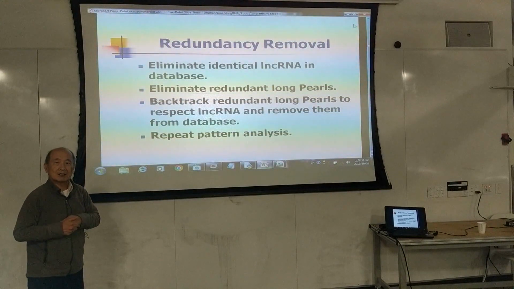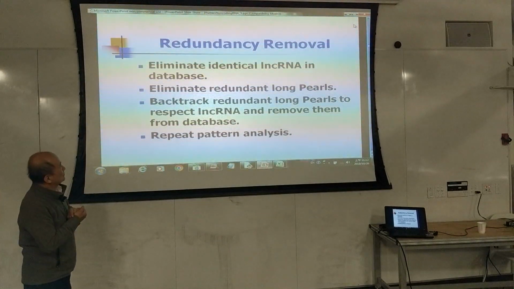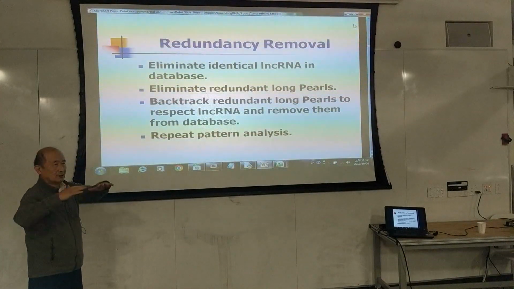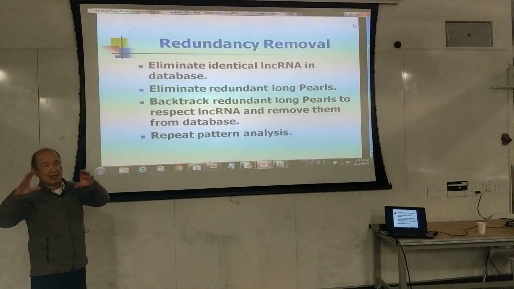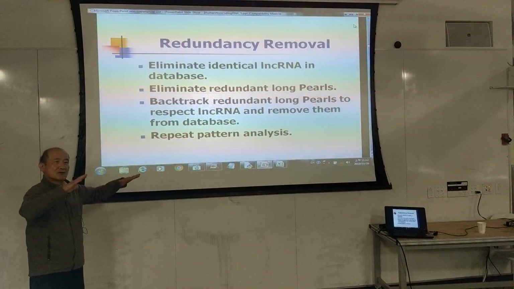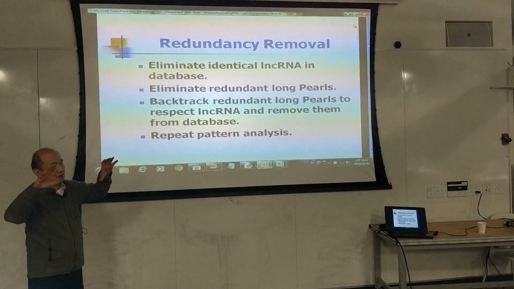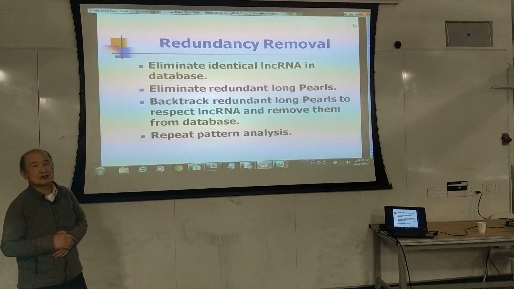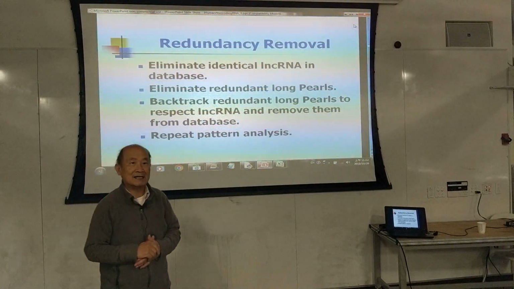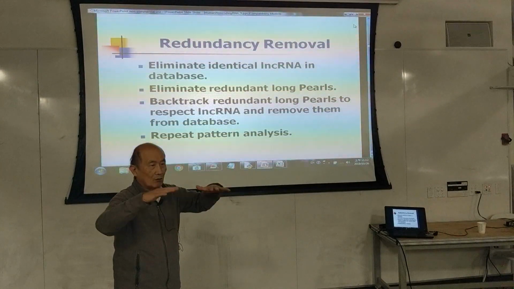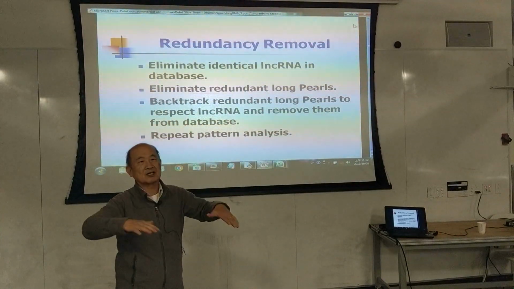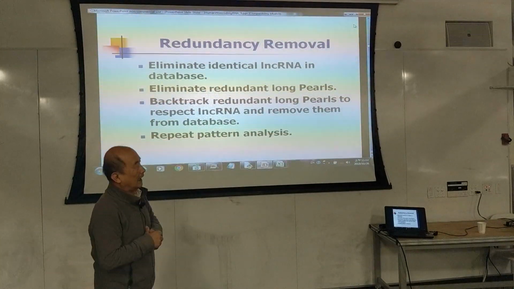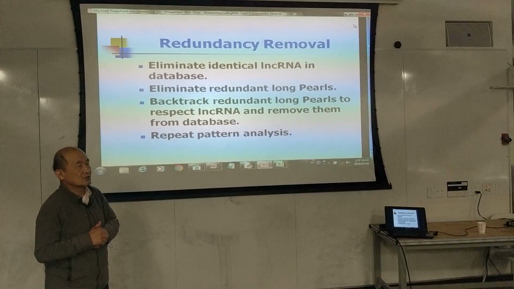And once I have this pair list cleaned up, because I have all the addresses in the index file, I can backtrack from this pair list to the original RNA list and remove the RNA which contains these redundancies. Okay.